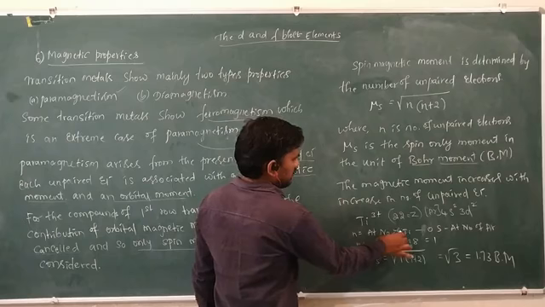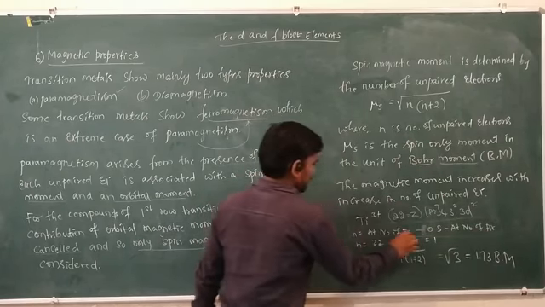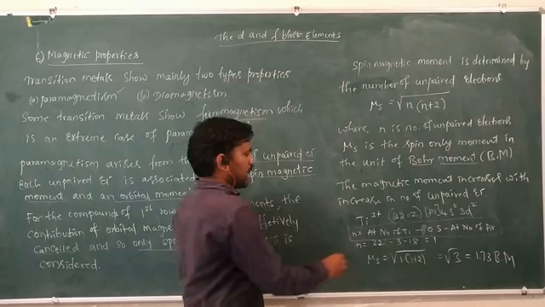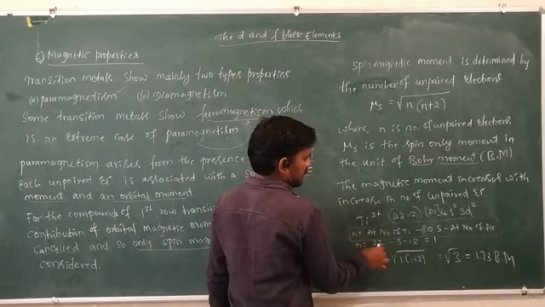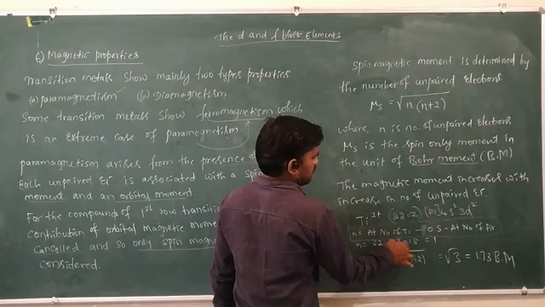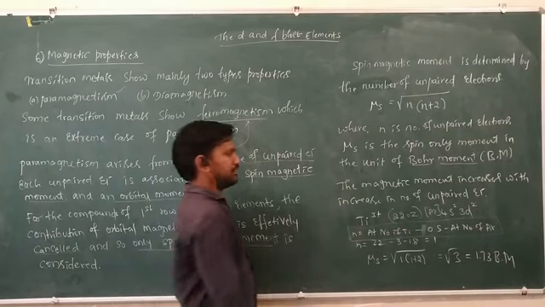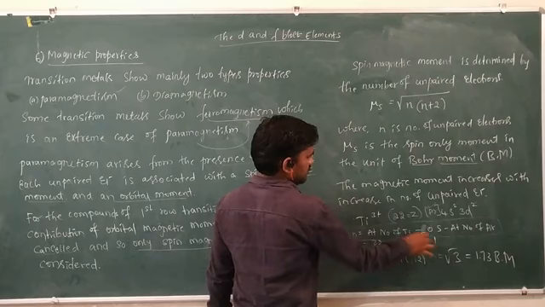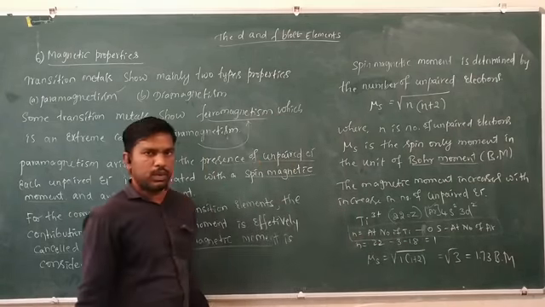Here, this is the formula to calculate the number of unpaired electrons present in the given element. What is the atomic number of titanium? 22, minus oxidation state 3, minus atomic number of the nearest noble gas, argon, 18. 22 minus 3 minus 18 is equal to 1.